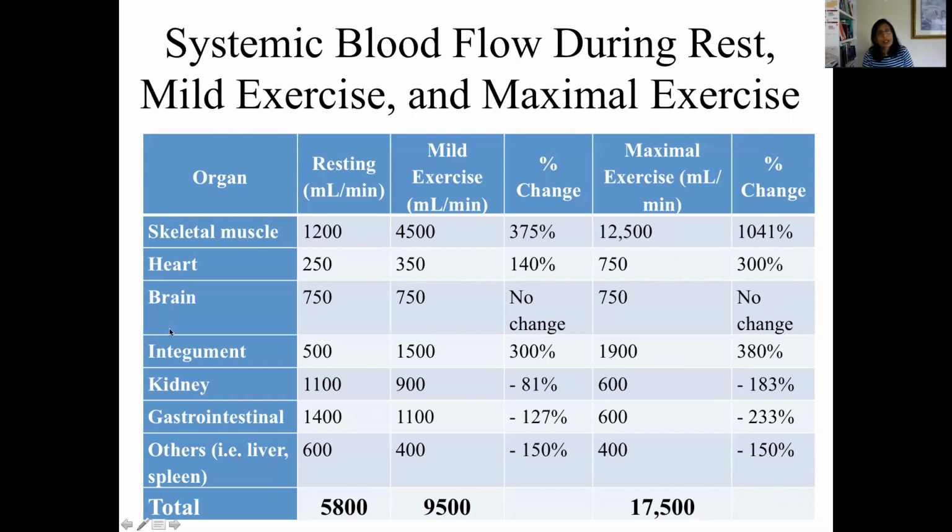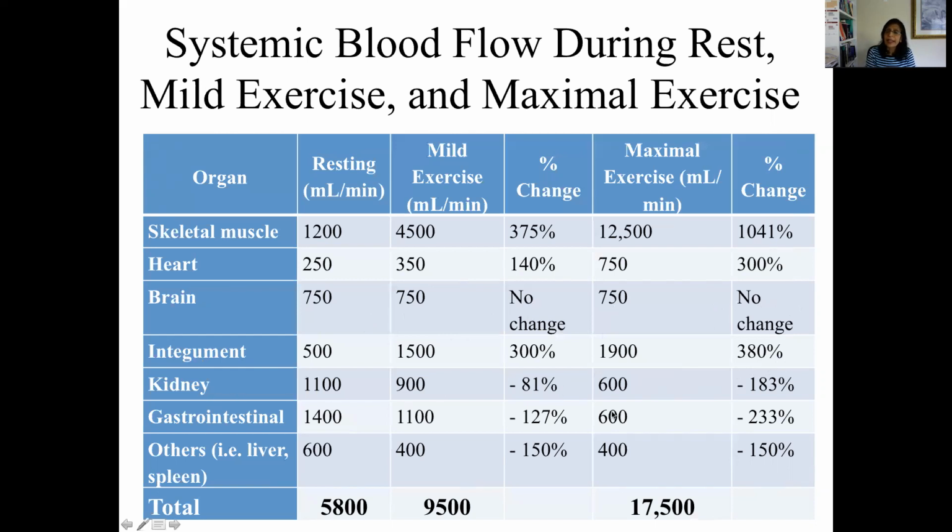Brain is an interesting organ where the blood supply is maintained steadily. Exercise or no exercise, there is always a continuous blood supply to the brain. Skin, again, receives a higher percentage during exercise.